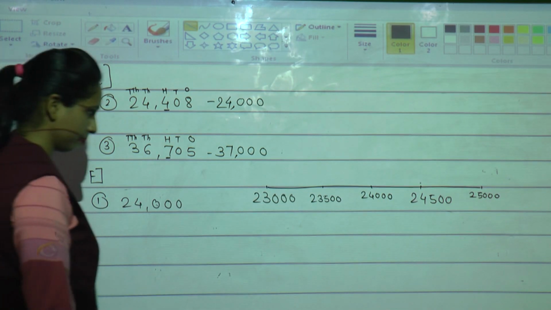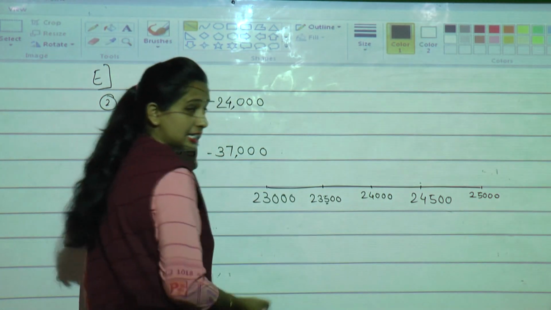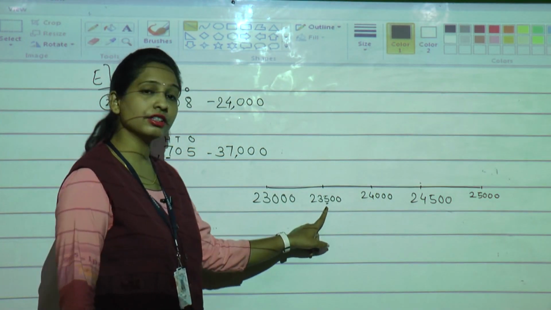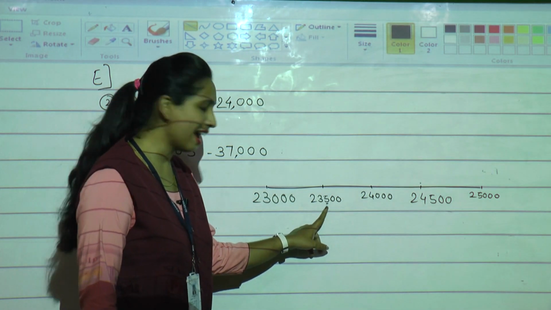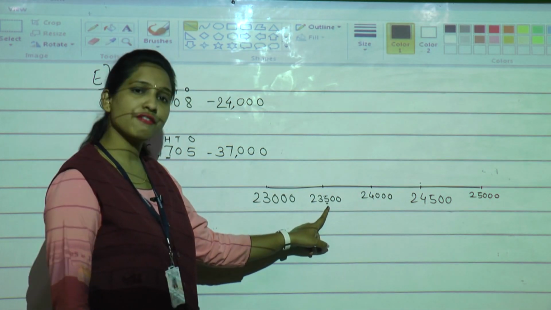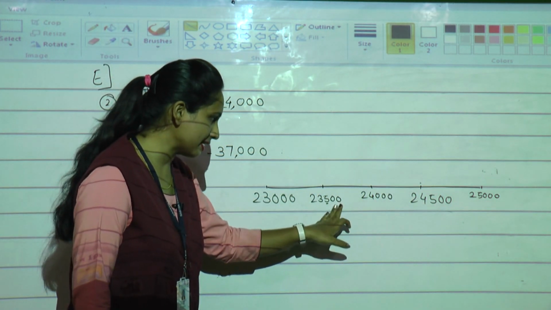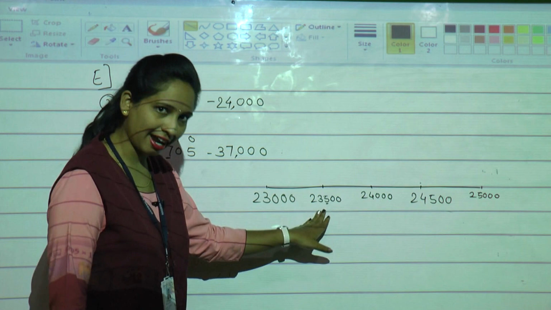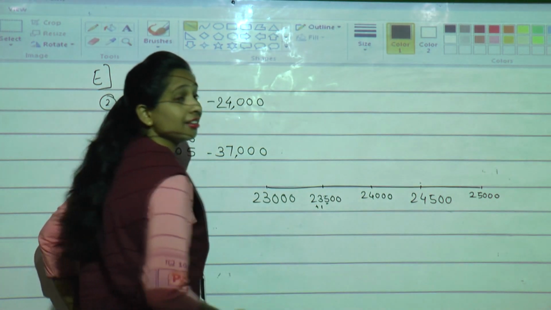Now see, whenever the thousands place is there, look at the digit at the hundreds place. It is 5. If it is 5 or more, what will we do? We will place zeros at the ones, tens and hundreds places and add 1 to the thousands place.